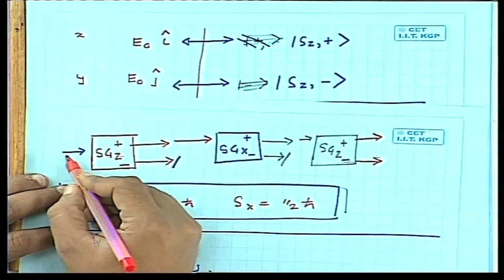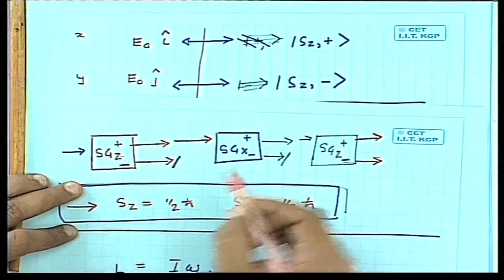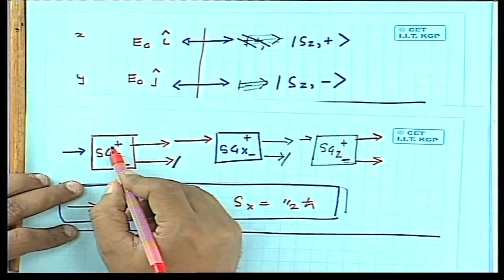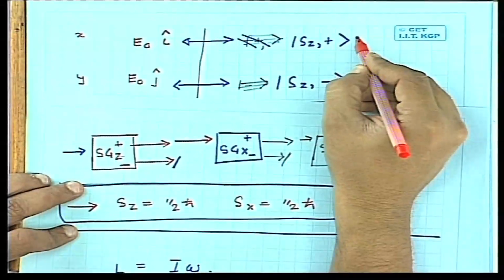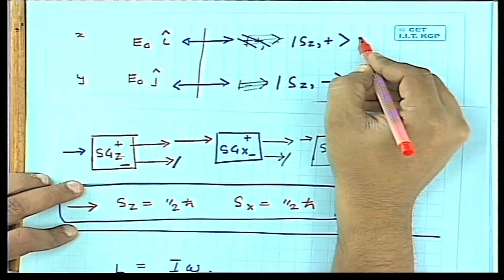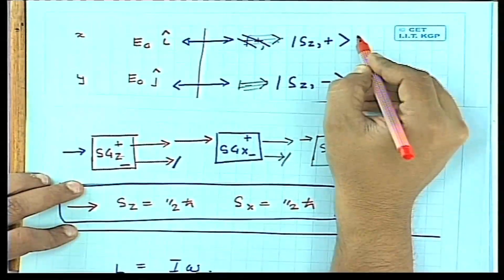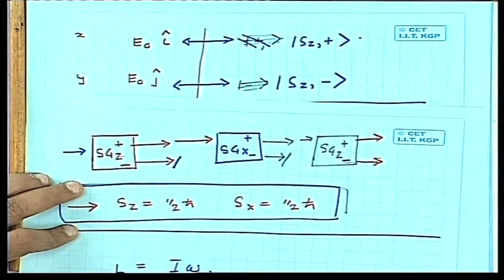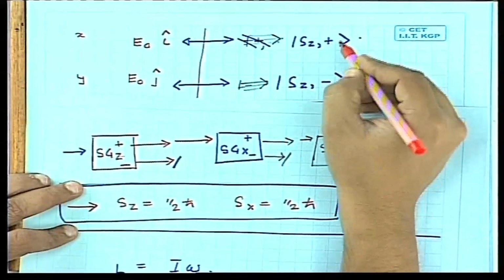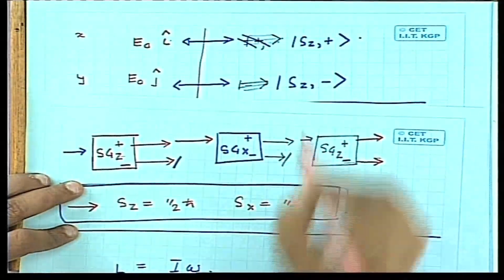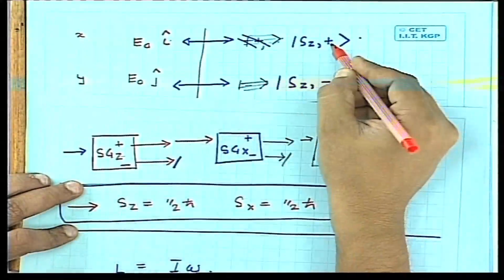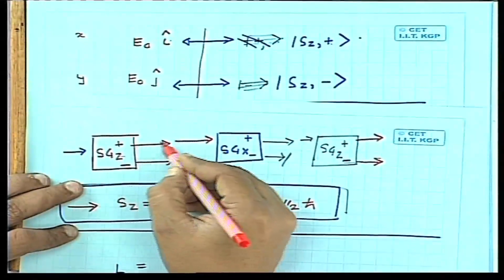Now when we take the output from here and we only consider the particles which are in the spin up state, it means that we are only considering this particular state, this particular vector. Think of this as a vector. These are two independent vectors, just like these are two independent vectors. So when the particles come out, this vector represents the particles which come out from the top.